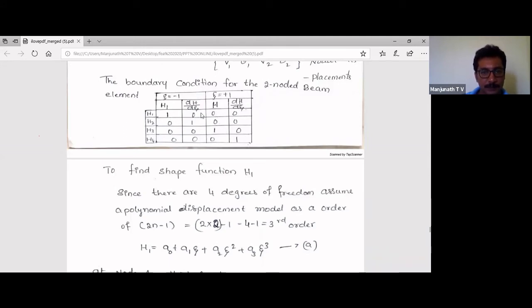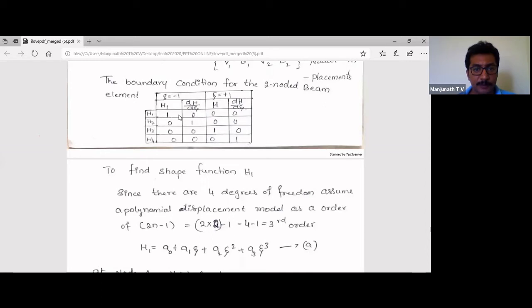We know the properties of shape functions. Normally we know two properties. The first property is that the shape function value will always be unity at a particular node, and at all the remaining nodes the value of the shape function will be equal to 0.